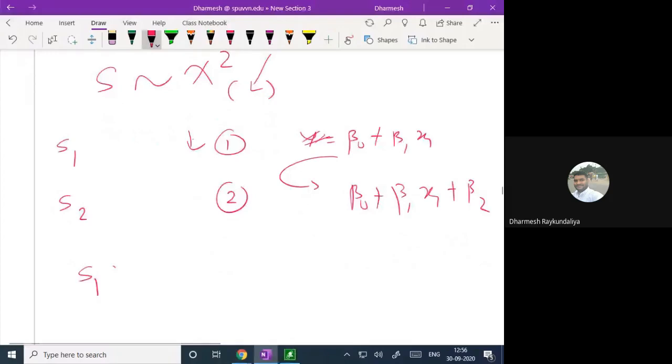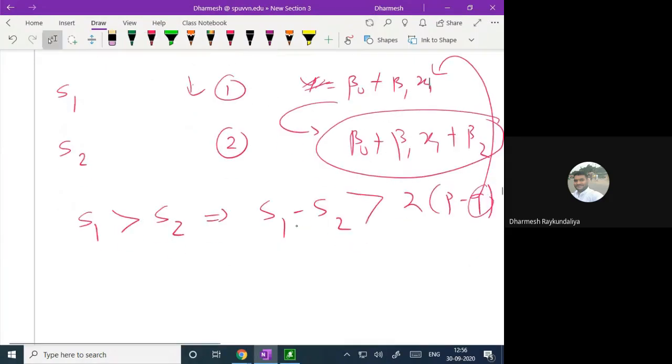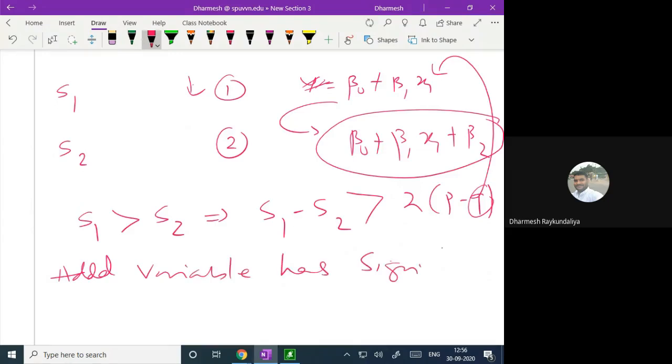Therefore we will see the successive difference of this and compare with chi-square with P minus Q degrees of freedom. P is the number of parameters in the second model, and Q is the number of parameters in the first model. If the hypothesis is rejected, it means that the added variable has a significant contribution in model development.